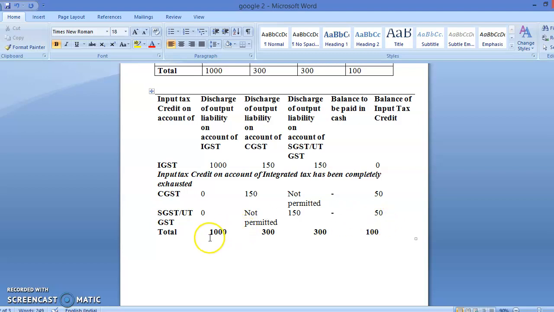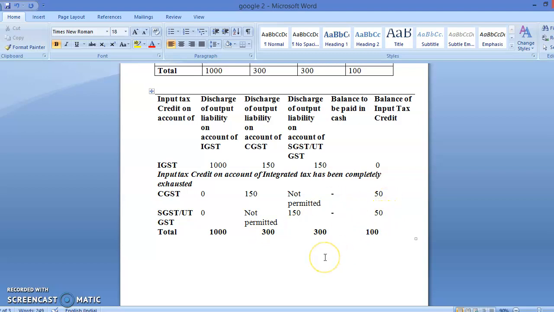So the total 1000 IGST is set off out of 1300 IGST credit available. Of the 300 CGST liability to be paid, 150 was set off from IGST credit and 150 from CGST, and of the SGST 300, 150 from IGST and 150 from SGST. So the balance remaining input tax credit for the future is CGST credit 50 and SGST credit 50.